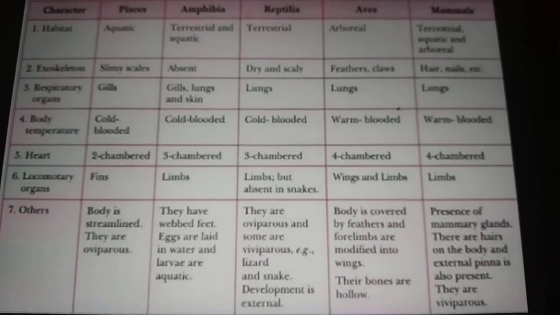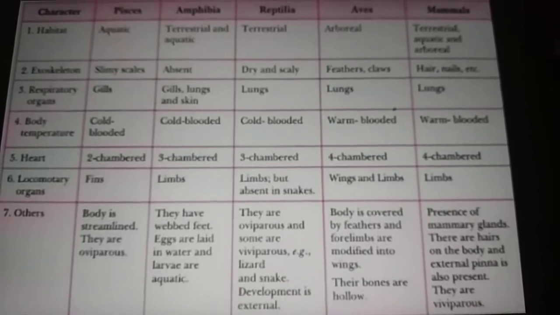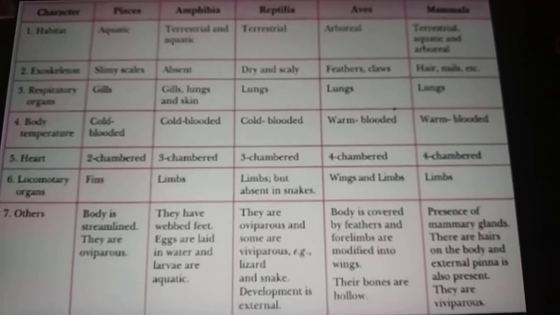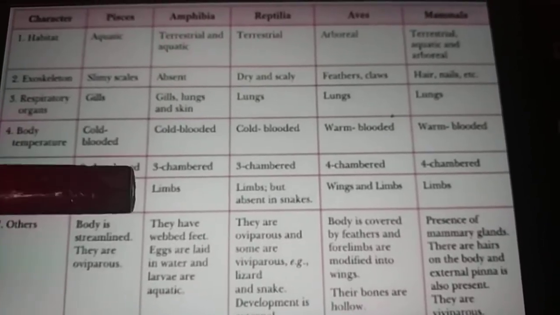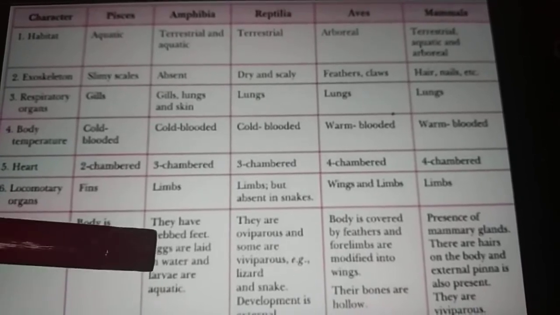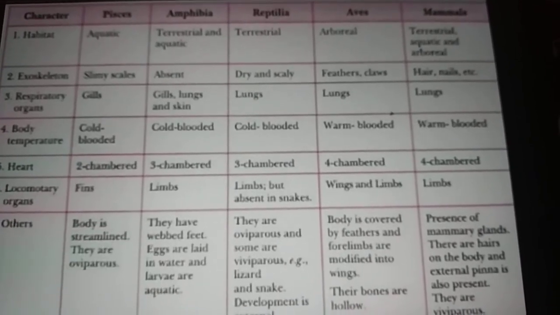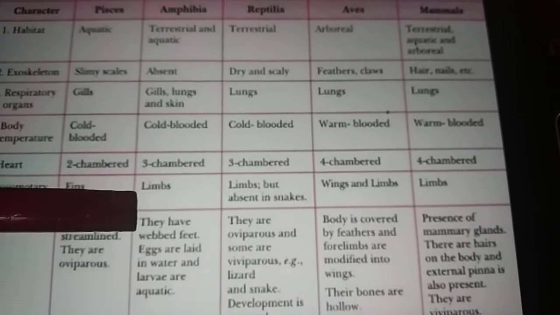Viviparous means those which directly give birth to the young ones. So Pisces are oviparous. Then amphibians have web feet. Eggs are laid in water and larvae are aquatic. As they live on both land and water, they lay eggs in the water.